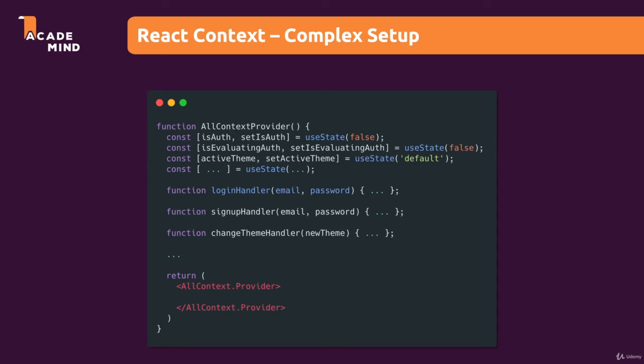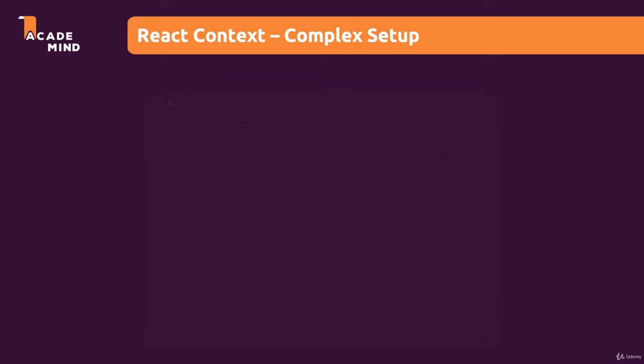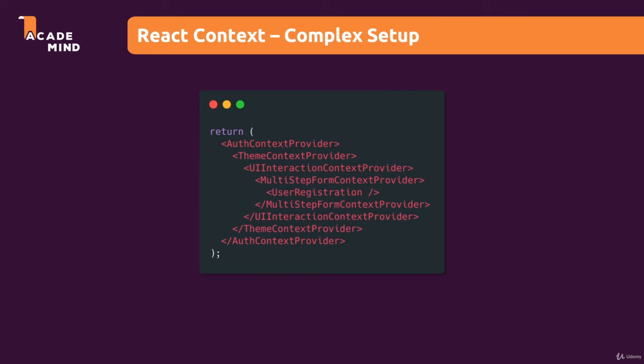You might end up with a large context that cares about authentication, theming, user input, if a modal should be displayed or not, and maybe a lot of other things as well. So that could be a downside. And if you split it into multiple contexts, you might be back to this picture. So that can be a problem.